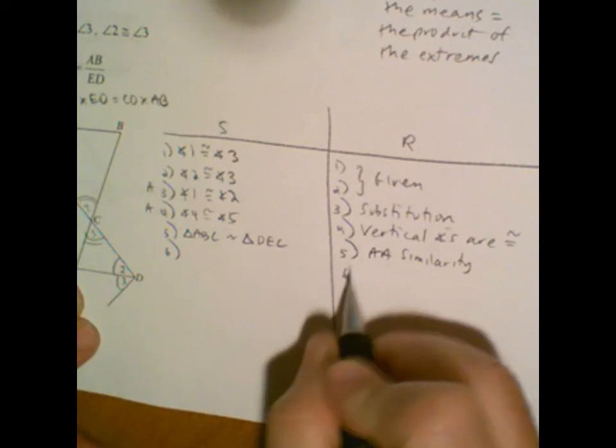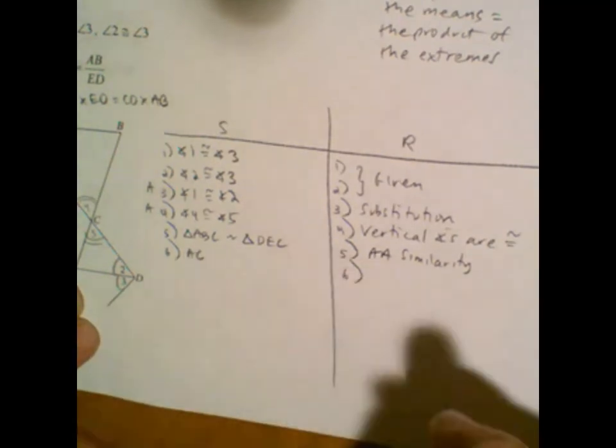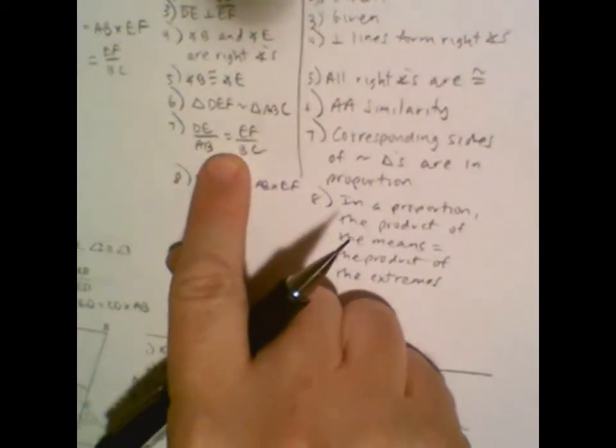And then I have the two more steps. I can now do the proportion. Oh, I didn't say what it was before. If two triangles are similar, then the corresponding sides are in proportion. That was in yesterday's lesson. So if you make the proportion, you can say corresponding sides of similar triangles are in proportion.